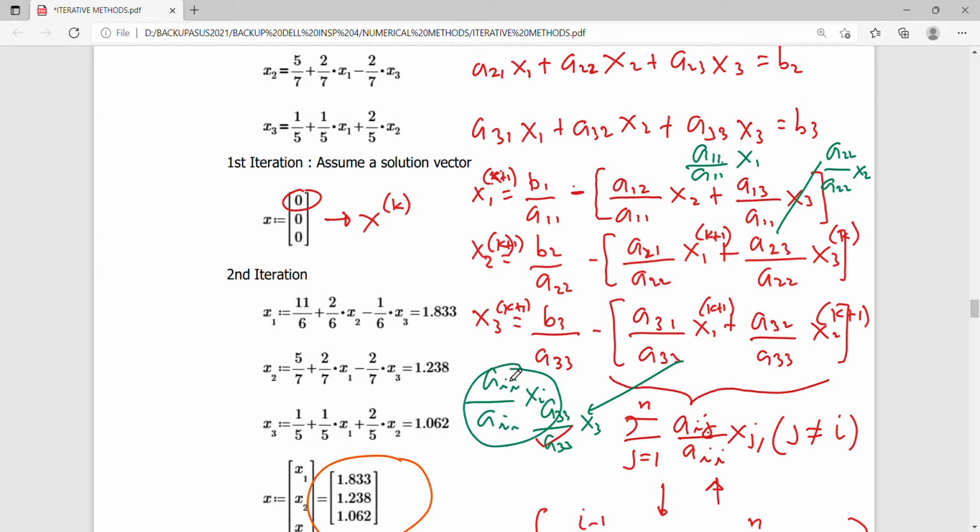So this term here, which represents the expression AII over AII xi, will simply be retained and multiplied by a factor W or omega to relax the iterate and expect a faster convergence later.